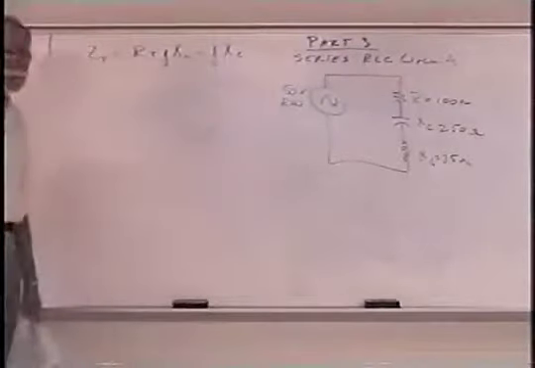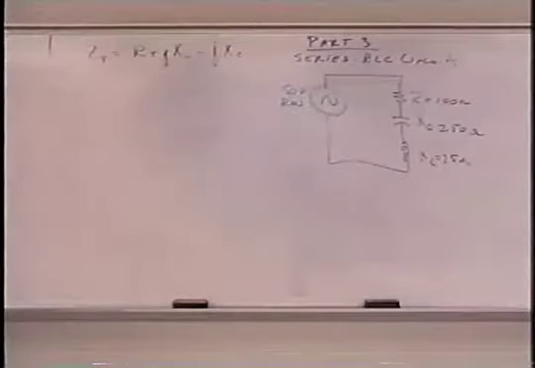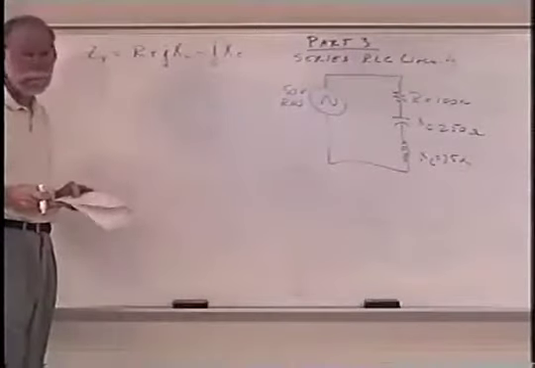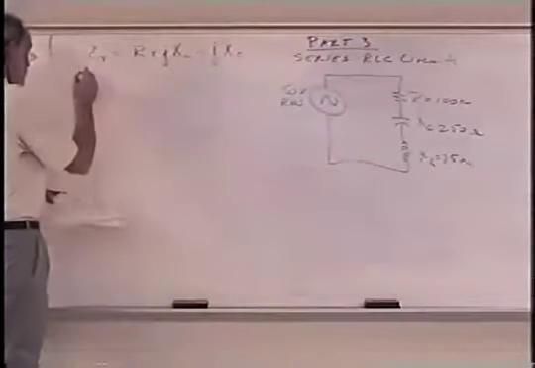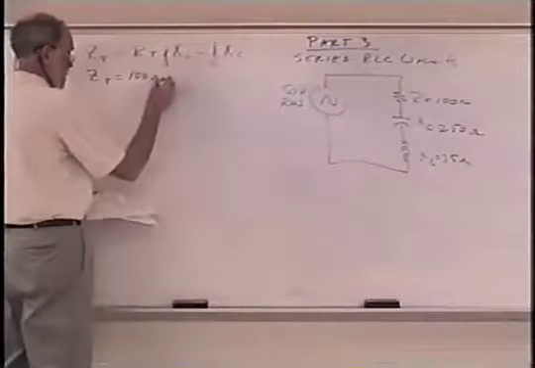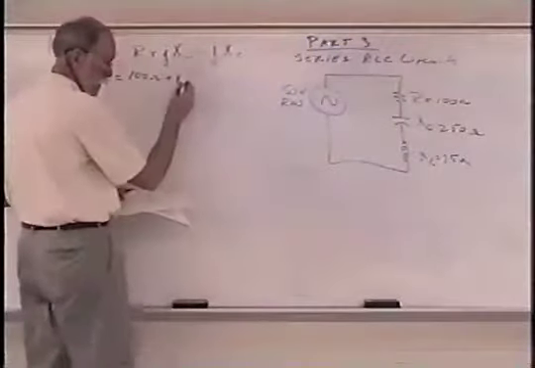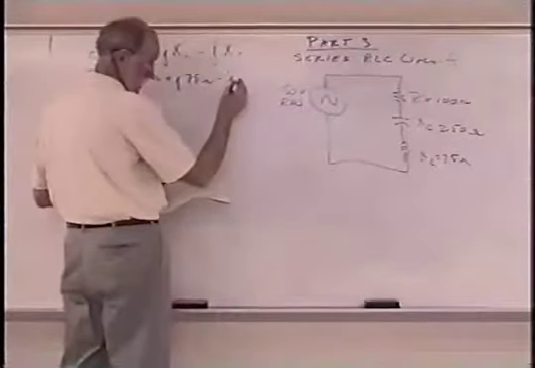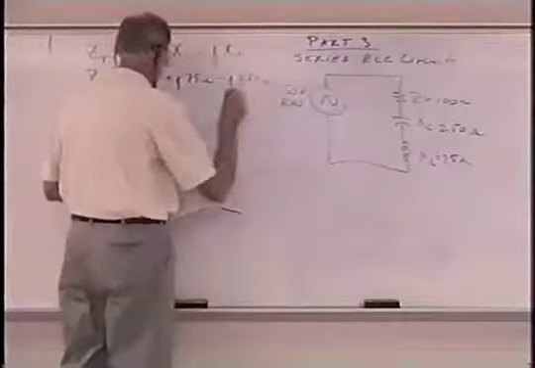Now remember, we said we use positive J for X sub L, negative J for X sub C. So we have Z total is equal to R plus JX sub L minus JX sub C. So when we fill in those, we have 100 ohms plus J 75 ohms minus J 250 ohms.